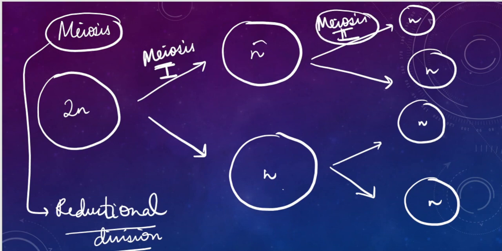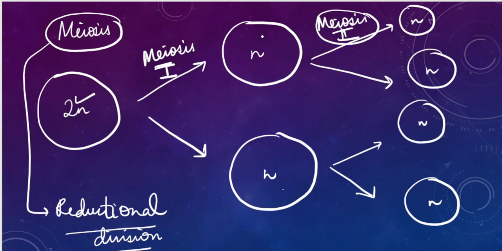If there is n here, this will also be n. Why? Because we say that meiosis 2 is somewhat similar to mitosis. In meiosis 2, if there are n chromosomes, then you will get n only in the daughter cells. So I hope you understand this.